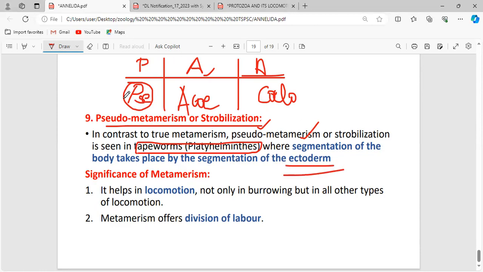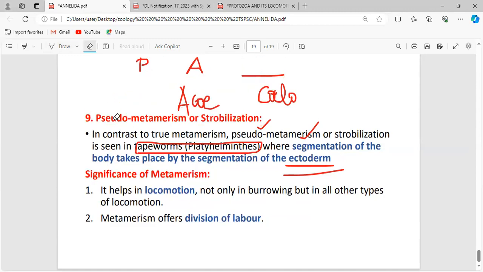See, in pseudocoelomates, the segments will also be seen. But what is the name of the segment? Pseudo-metamerism, because it is a pseudocoelomate animal. There is no perfect development of body cavity, though segments arise in those organisms. This is said to be pseudo-metamerism or strobilization. I have explained the word strobila, nothing but segments, proglottids.